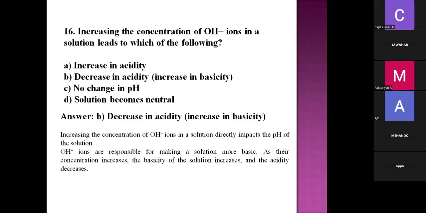Solution becomes neutral, that's also wrong. A neutral solution has a pH of 7, where the concentration of H plus and OH minus ions are equal. If the OH minus ion concentration increases, the solution becomes basic, not neutral. So option B, decrease in acidity, increase in basicity, is the correct answer.